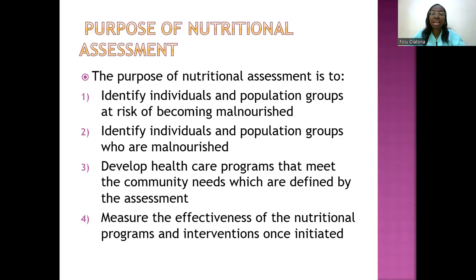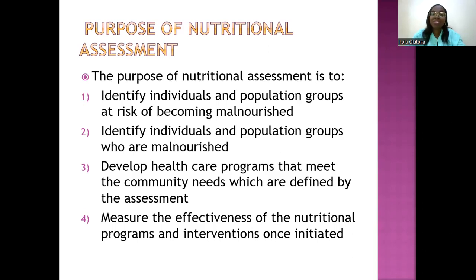And then when you start to effect or put up a healthcare program or a nutrition program, you cannot just establish the program and walk away. You need to check what is the effectiveness of this nutritional program. What is this intervention achieving? And how will you check?